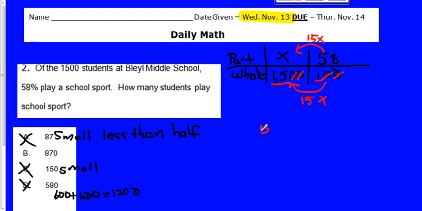So 58 times 15. 5 times 8 is 40. Carry my 4. 5 times 5 is 25, plus 4 is 29.